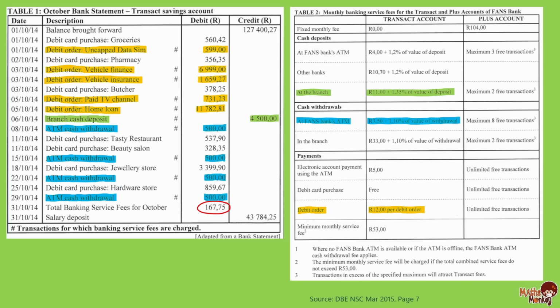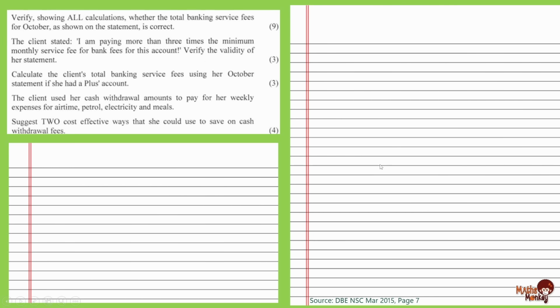Now we get a clear understanding of what transactions are going to be paid for and how the bank charges for those specific transactions. And now we can do the calculation to see whether that 167.75 is the correct value. So that's ultimately what we're doing. I'm going to add this calculation now to the next page.